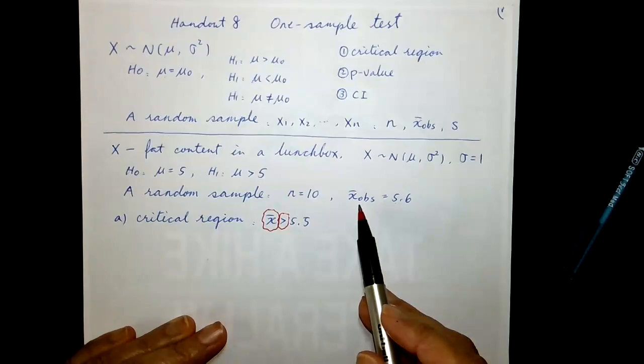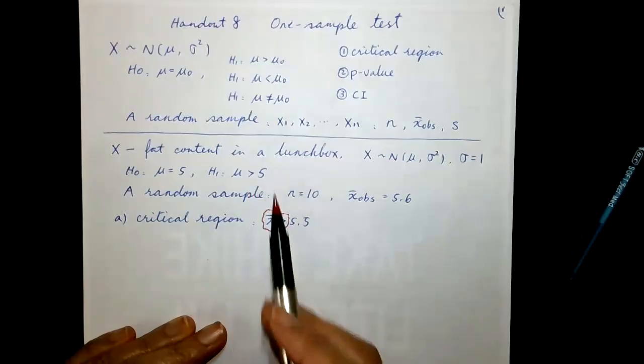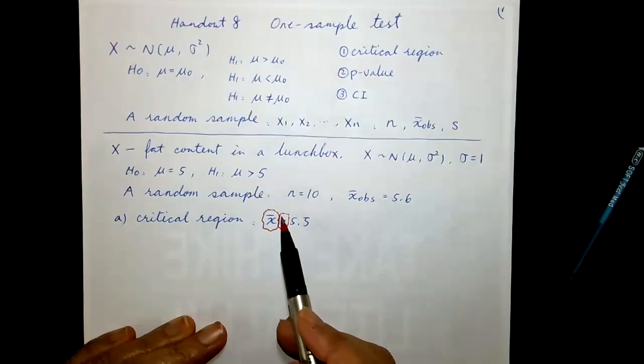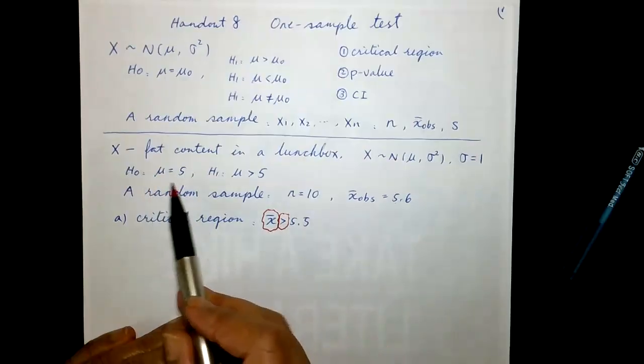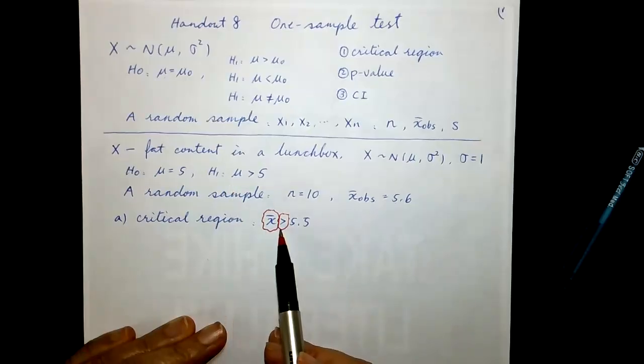It can't be 5. It has to be greater than 5. So it is the larger than, and this would reject H naught and support H1. That explains why it's larger.